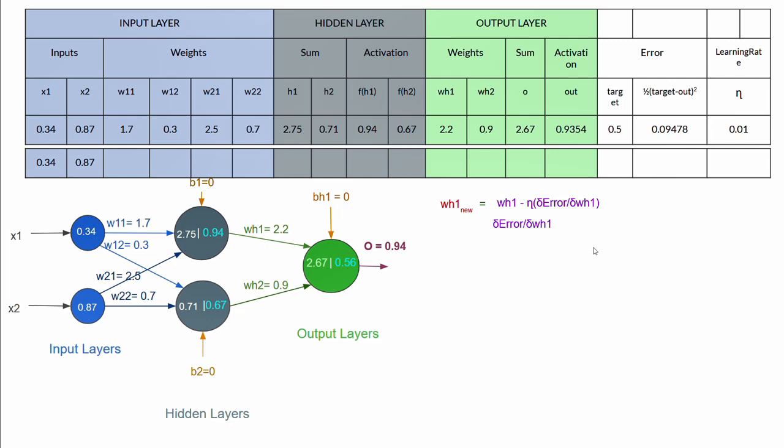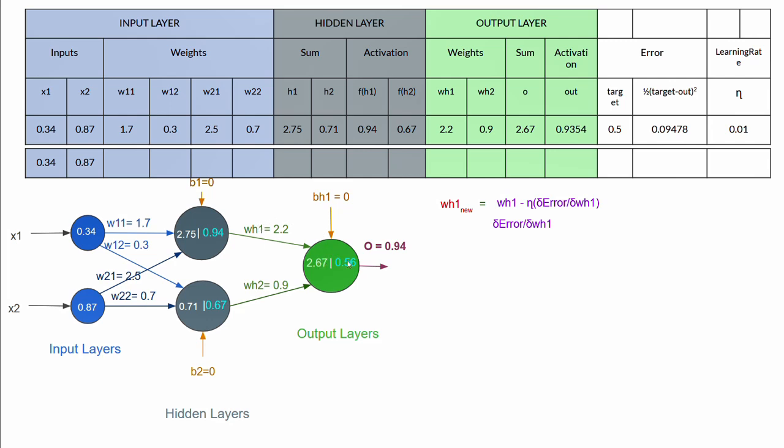Using the chain rule, the error is dependent on the output, and the output is further dependent on the summation, which again depends on wh1.